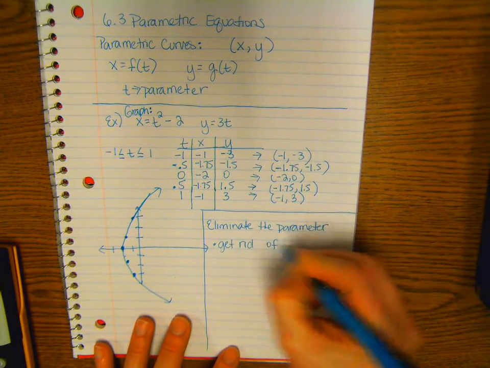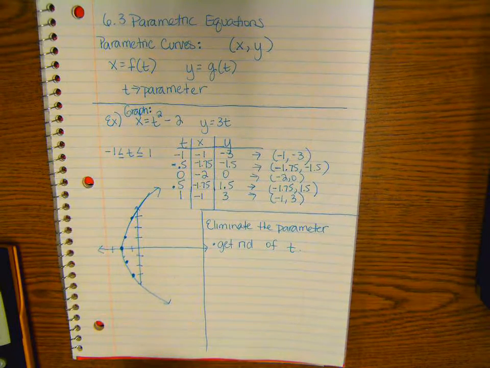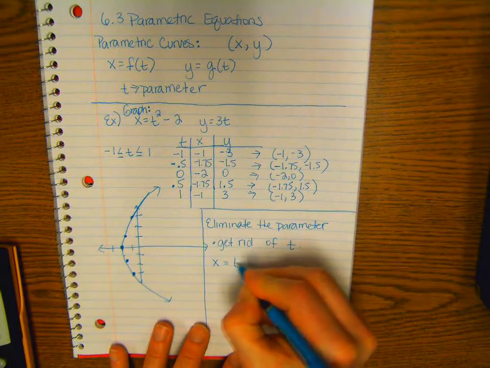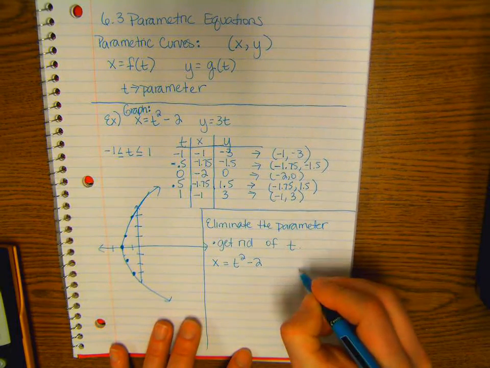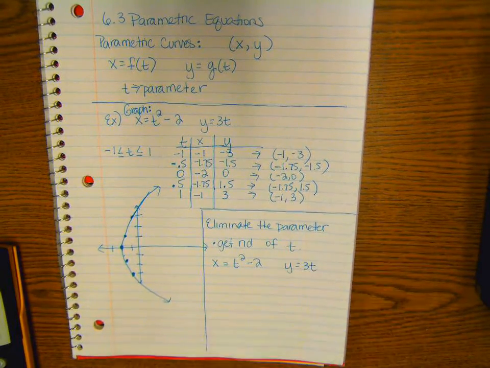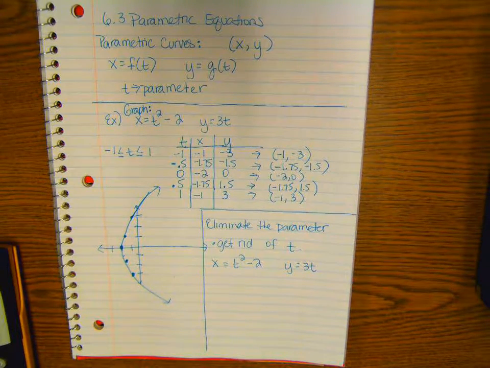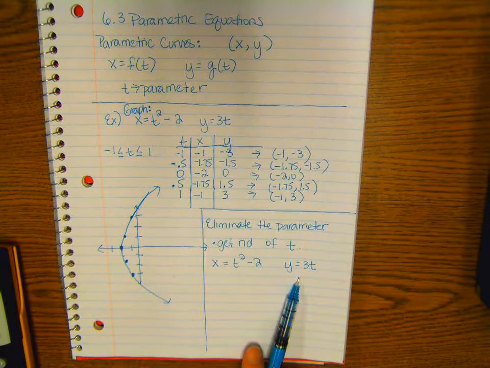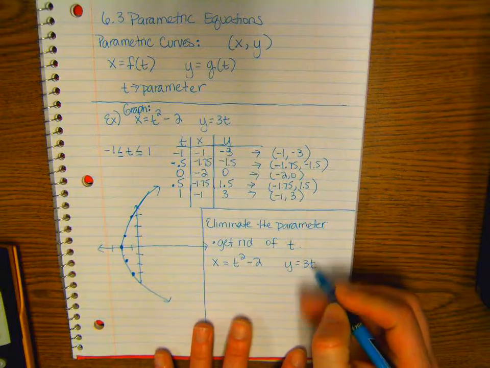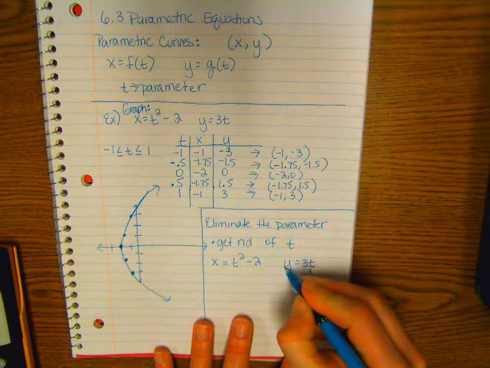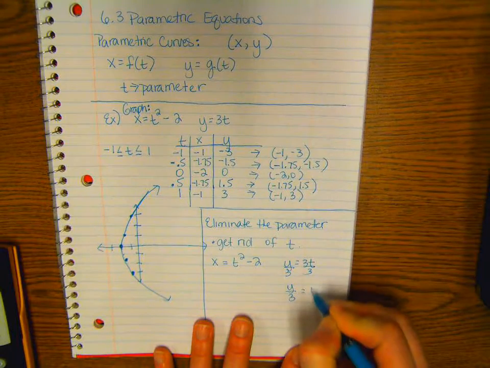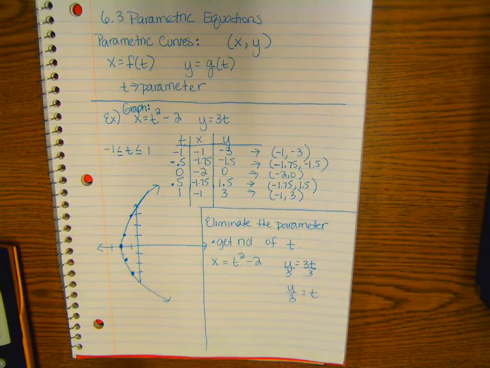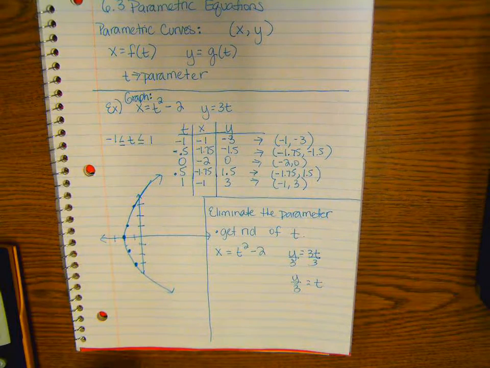So what we are going to do is we're going to take our two parametric equations, and we are going to get one of them so that t is alone. Okay, so for instance, this one I could add 2 and take the square roots. I think this one seems a little easier, so I'm going to get t alone. I'm going to divide both sides by 3. And then I'm going to use substitution into the other equation.